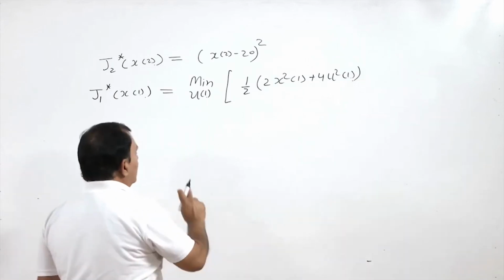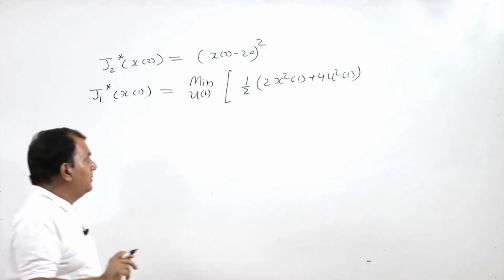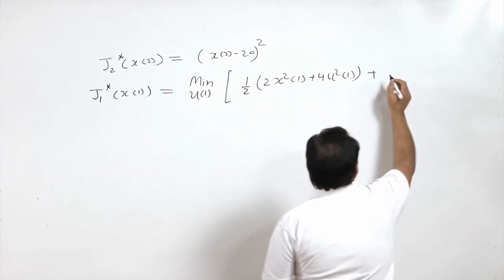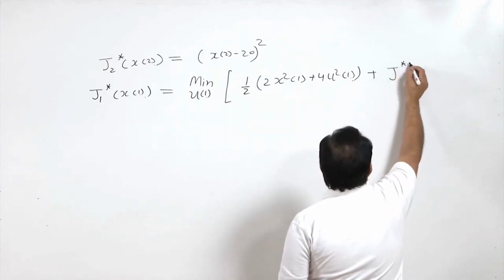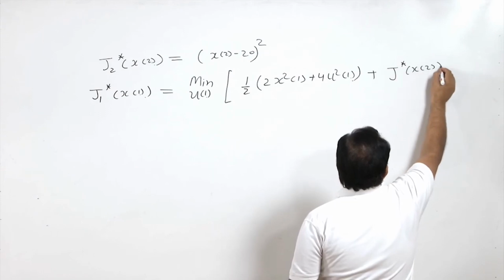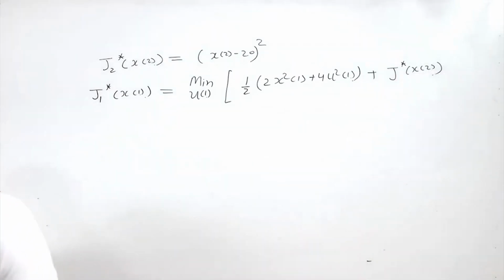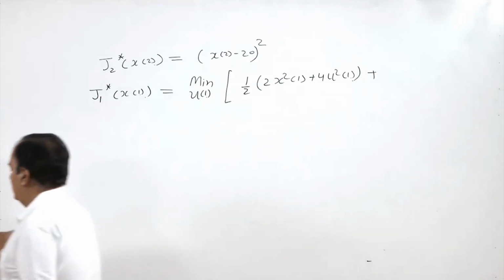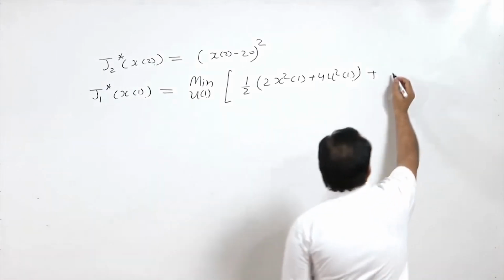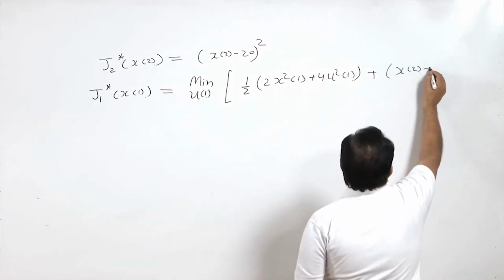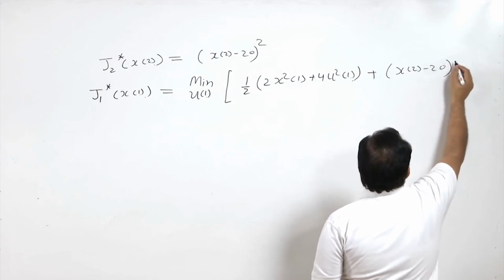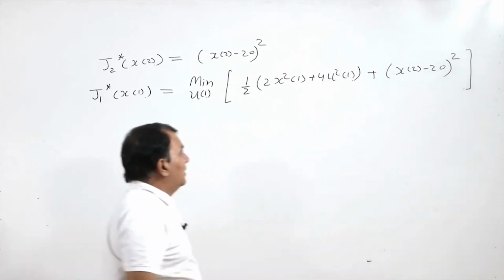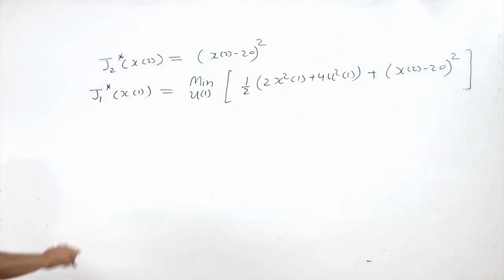This is my V term, plus J star x of 2, and for this J star x of 2 I write (x2 minus 20) square, and this is my J1.